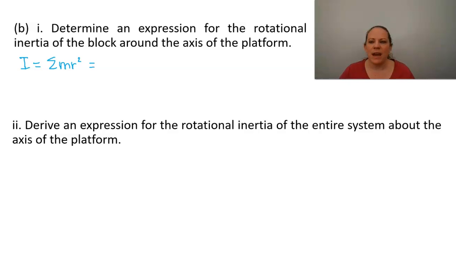And in this case, we have just the single block m, and the radius of its path, the distance from the rotational axis, is 2d, which we'll have to square. So the rotational inertia for the block will be equal to 4m times d squared.